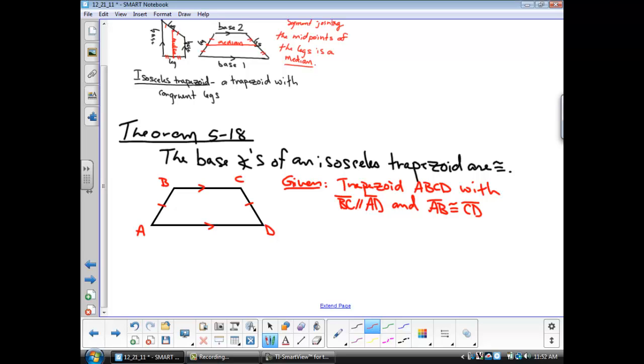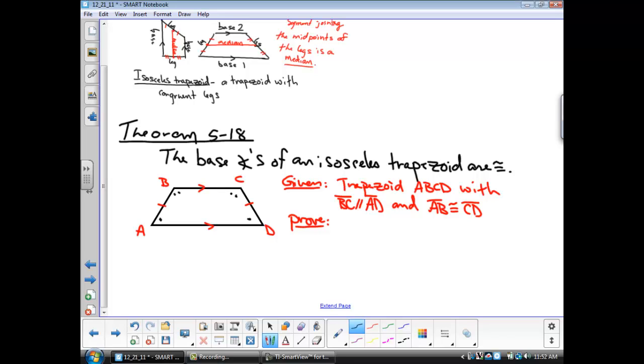What we want to prove is that the base angles are congruent, which would mean angle A and angle D would be one pair of base angles. What would be another pair? Angle B and angle C would be another pair of base angles, right?